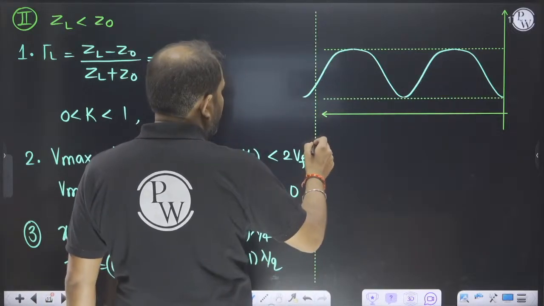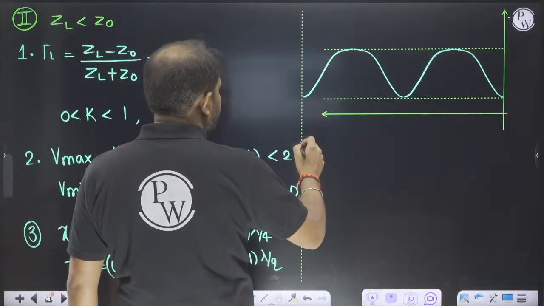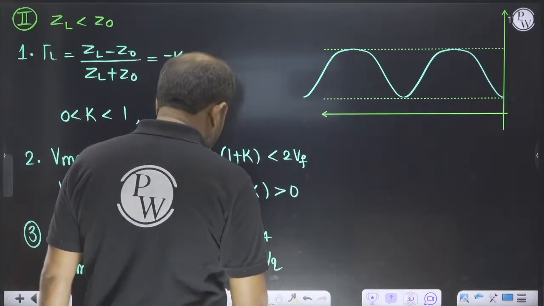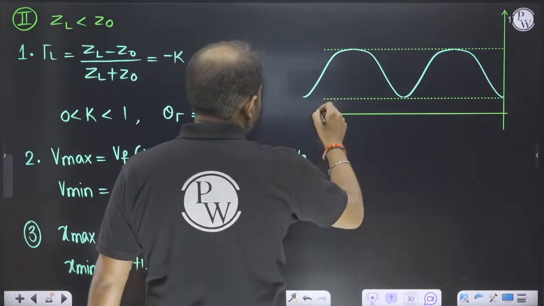The graph will be like this. This is the graph for Vmax and Vmin.